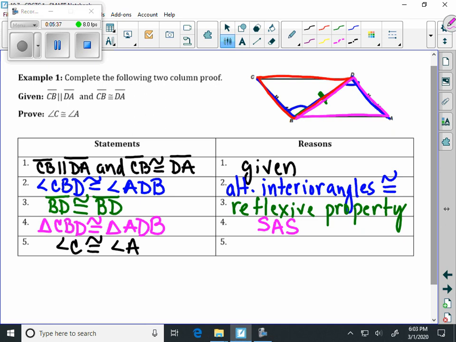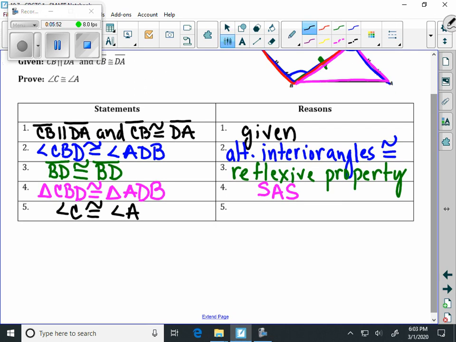And then angle C and angle A are each a part of either the red triangle or the pinkish purple triangle. And because they are a part, and we've already proved that the triangles are congruent, we can say that these 2 values are congruent as well, because corresponding parts of congruent triangles are congruent.